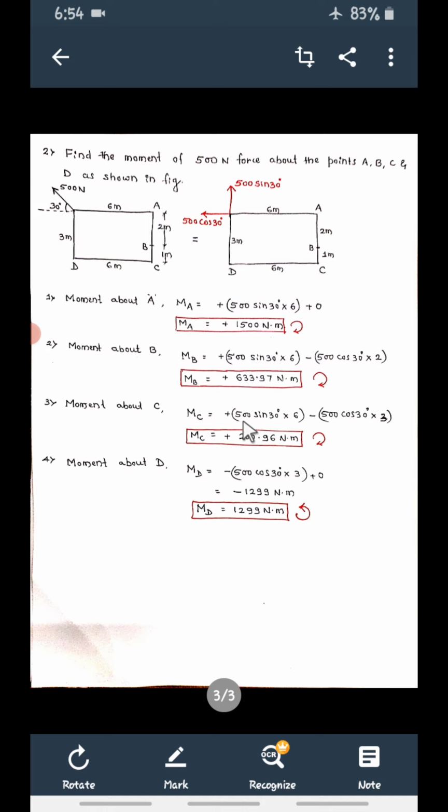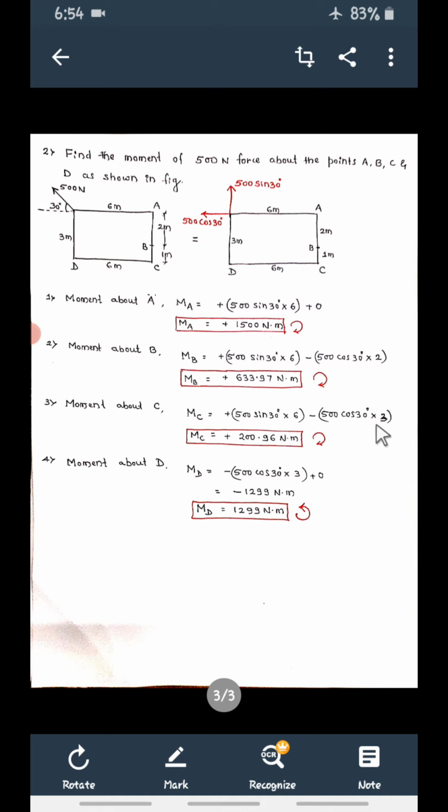So plus 500 sin 30 into 6, and now this force. The force is like this, and the perpendicular distance between this force and C is 3 meters. This is the line of action of the force, and point C is here, so it is 3 meters. With reference to C, this is anti-clockwise, so it is minus: minus 500 cos 30 into 3.